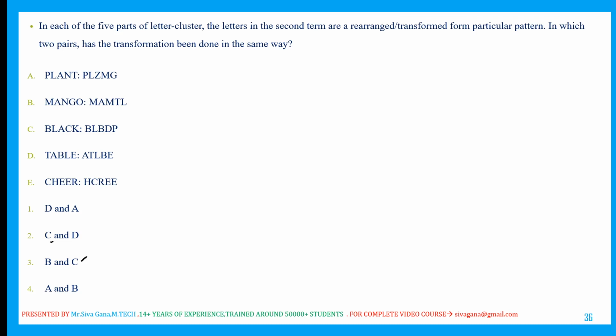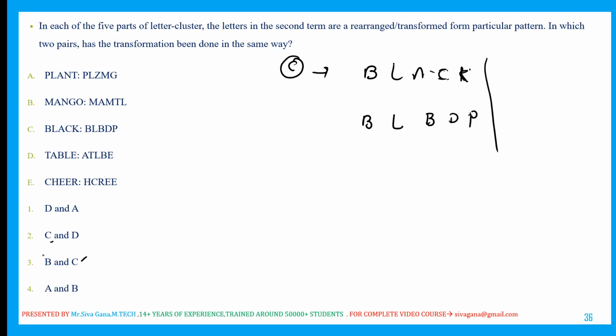So that is the reason why I want to deal with option C first. Option C is what? Black, B-L-A-C-K. Black, B-L-B-D-P. This is right. Next, B and C. What is the B?